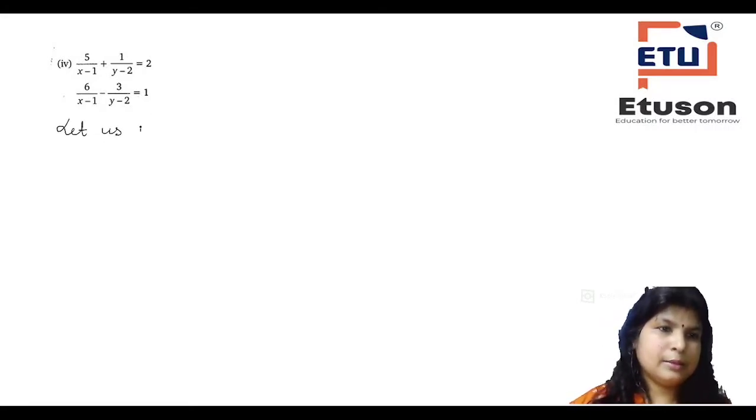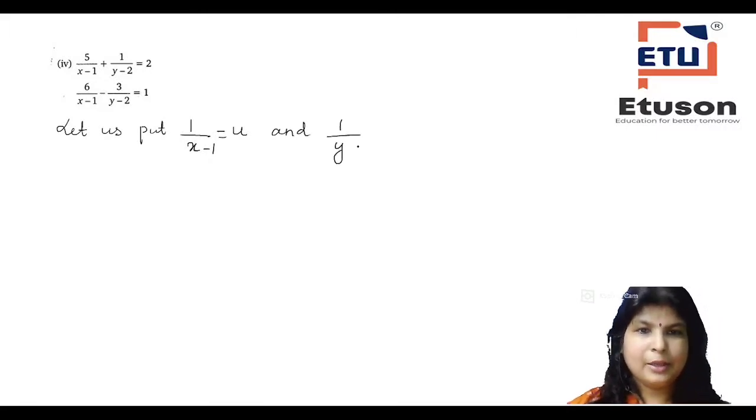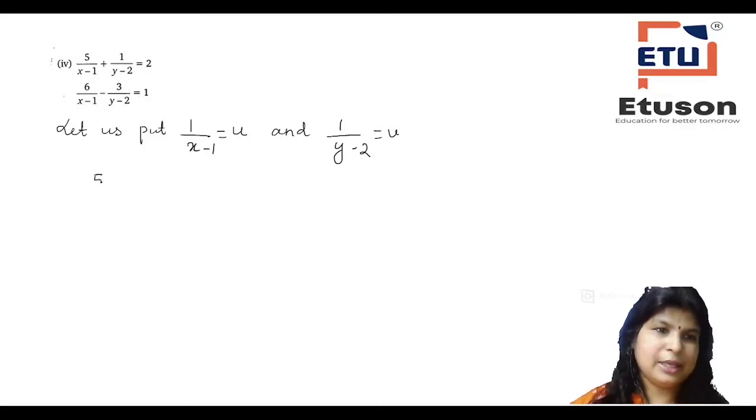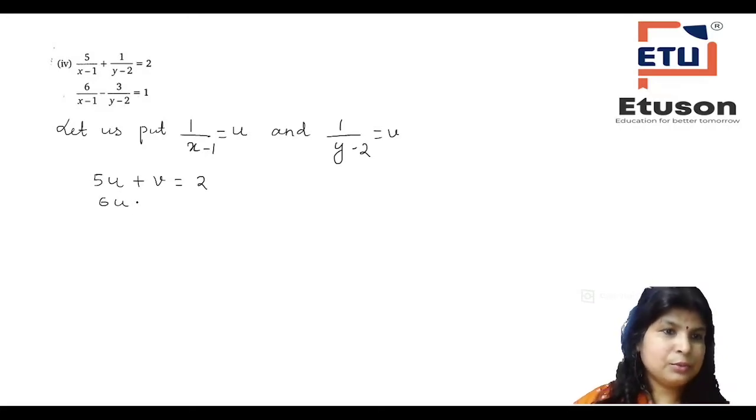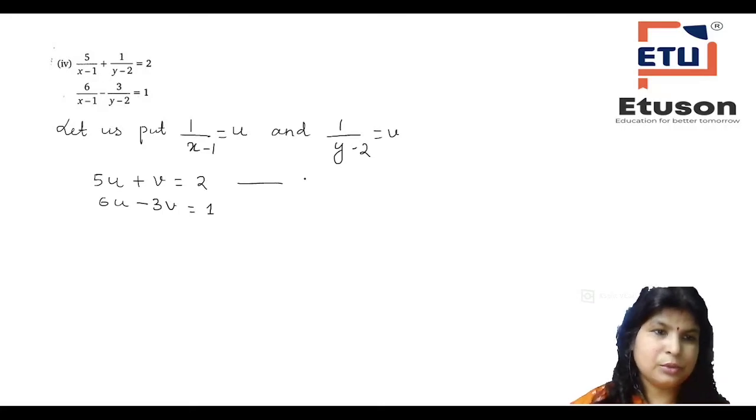We will put 1 divided by x minus 1 as u and 1 divided by y minus 2 as v, and we will write down the equation. That is 5u plus v is equal to 2. 6u minus 3v is equal to 1. So this is your equation 3 and this is your equation 4.